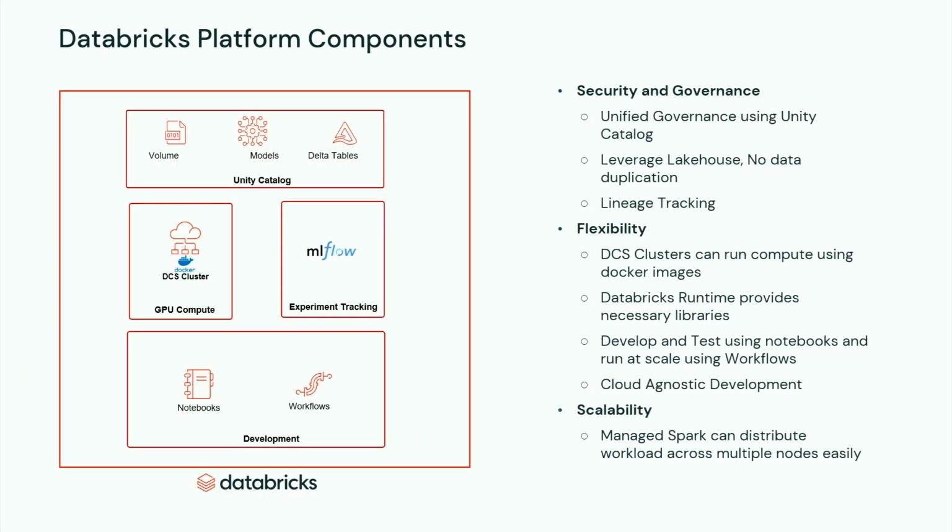Unity Catalog is one of the components in the Databricks platform that takes care of end-to-end security and governance for all the artifacts that you can put in the lakehouse, right? It also tracks lineage. And because you are working on highly classified stuff, you want it to be protected, right? All are highly IP protected. And all this governance comes out of the box from the platform.